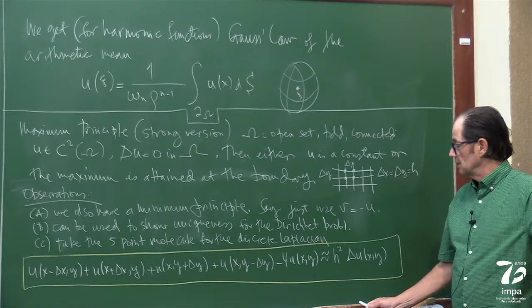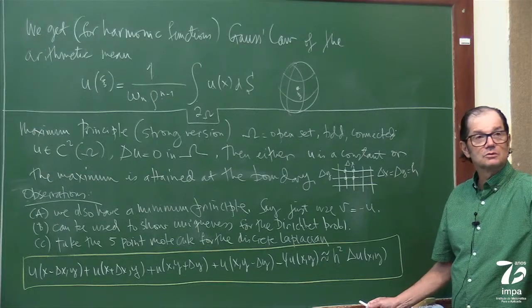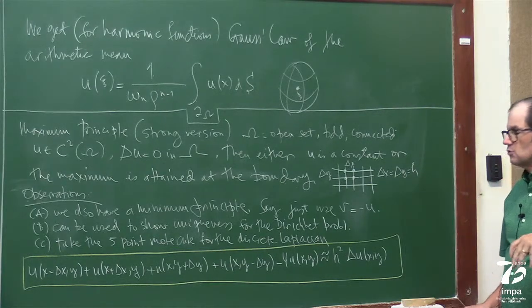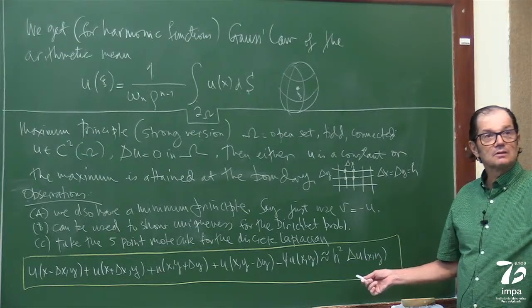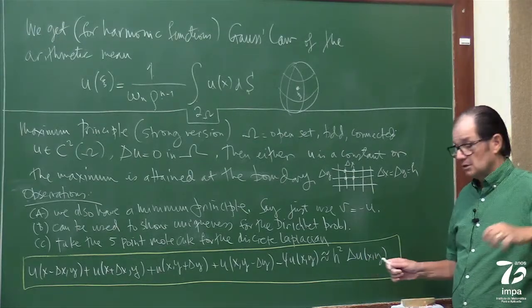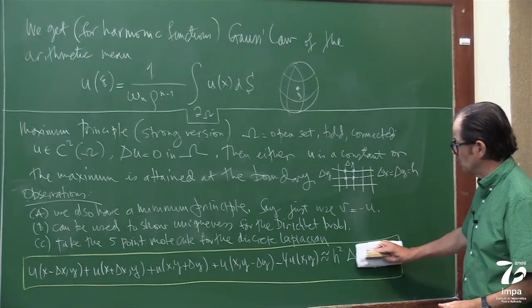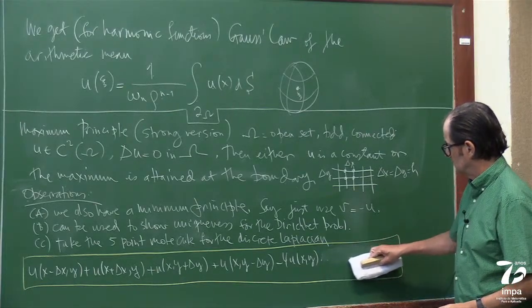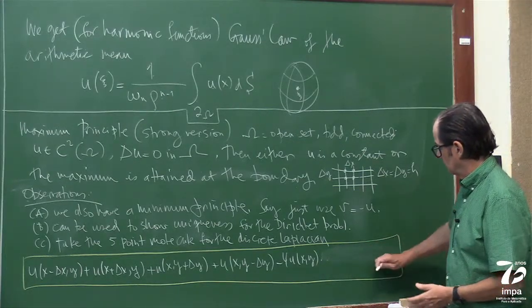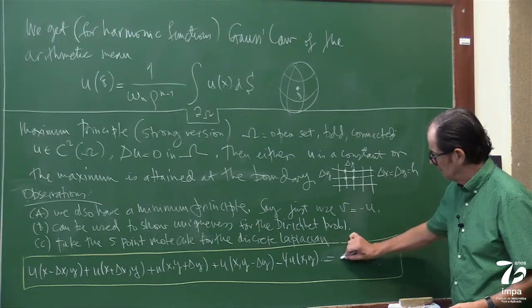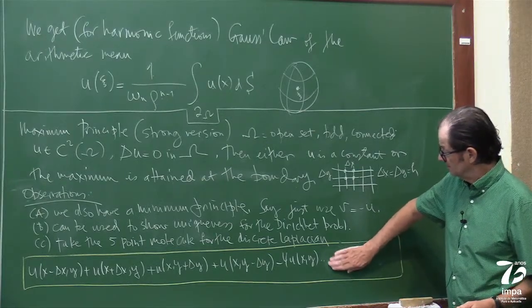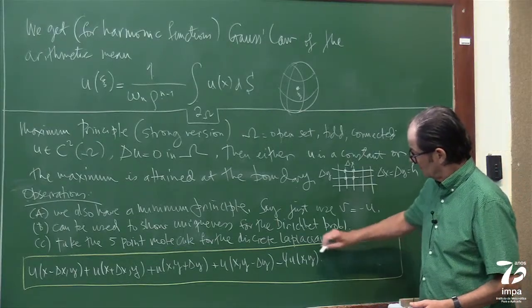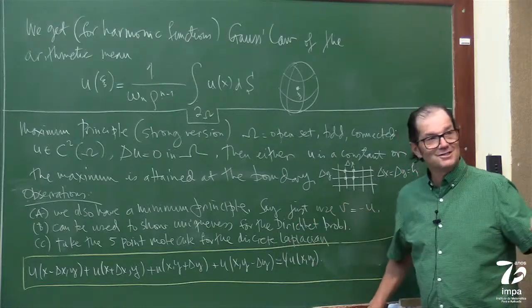Now, if we want to impose that the discrete Laplacian is equal to 0, my approximation will lead to this equal to 0, which is the same as this being equal to this.